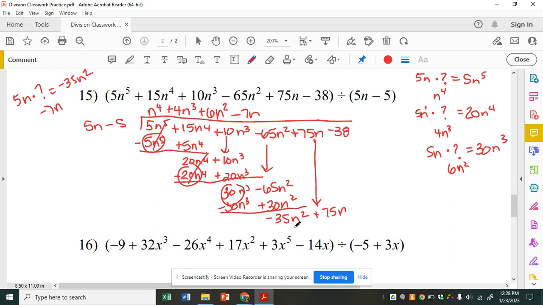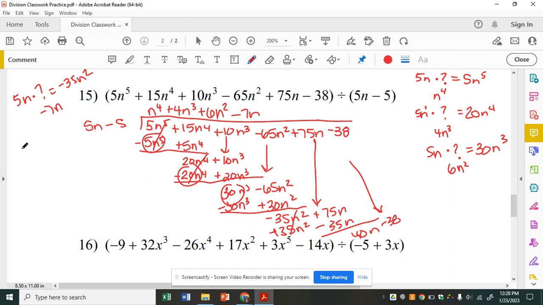So 5n times negative 7n is negative 35n squared, but again, we have to make it positive. Negative 5 times negative 7n is positive 35n, but if it's positive, we have to make it negative over here. So you can see these cancel. 75 minus 35 is 40, so I have 40n, and I'm going to bring down this negative 38.